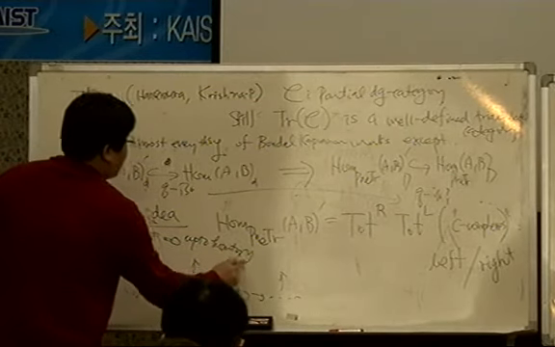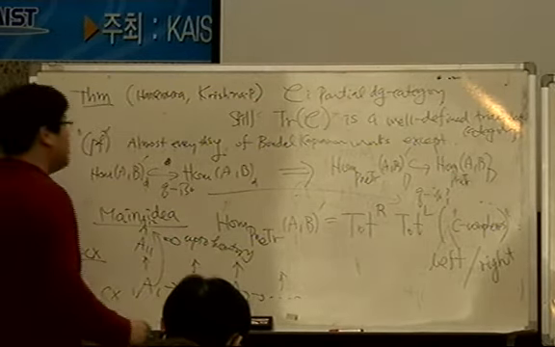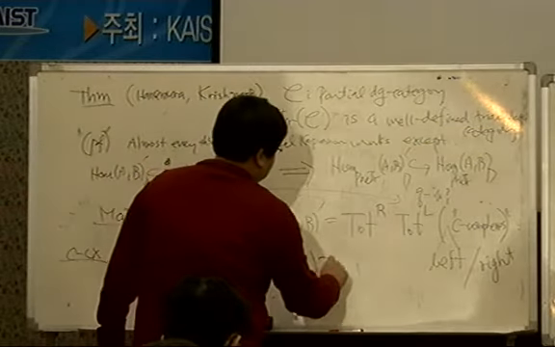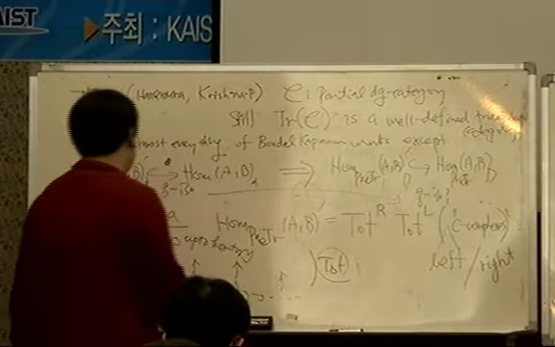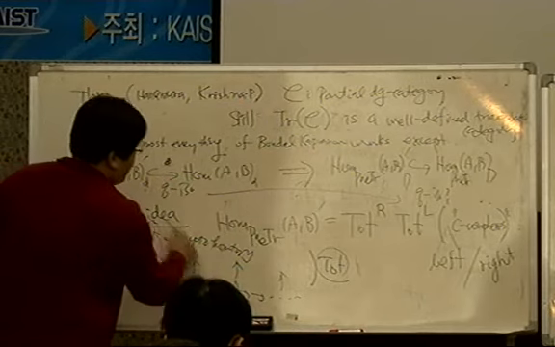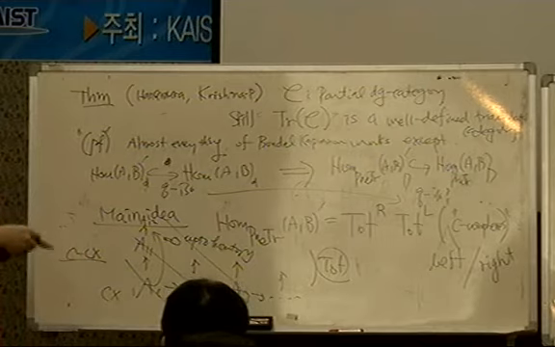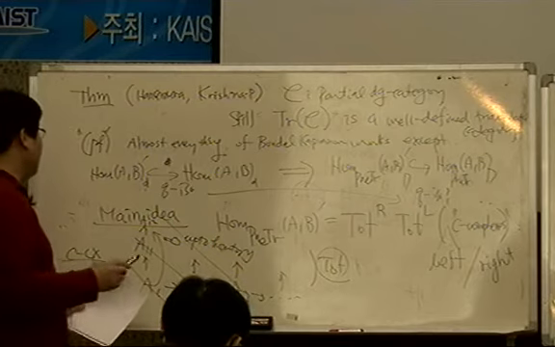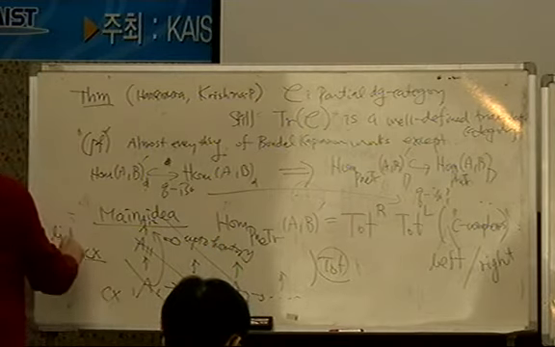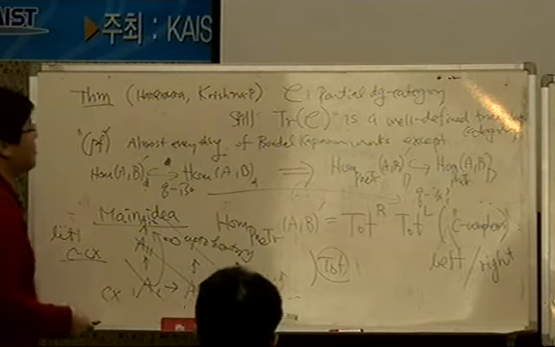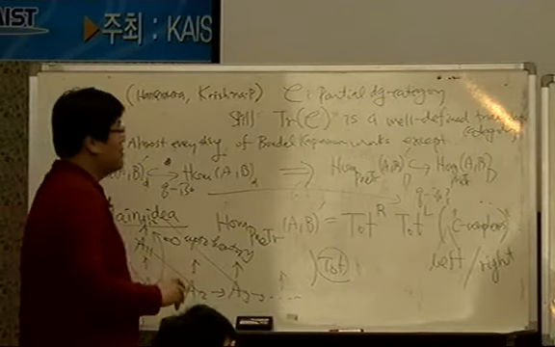Once you have this, you can still define the total complex by taking the diagonalized sums. But the differential for this total complex is going to be a little bit complicated. You have to take advantage of all of the homotopies that you have. So this is a left C complex. The right C complex will have exactly the same shape, but with completely different signs.